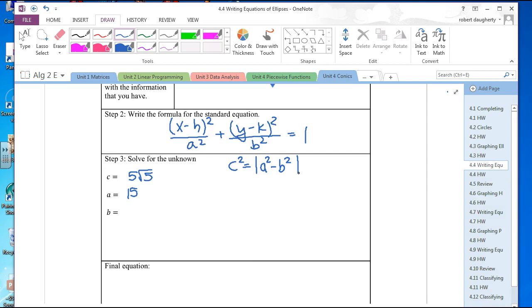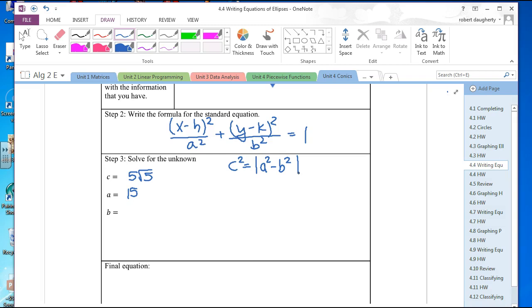The absolute value of a negative number is the opposite of that. So if I knew that this was positive, I could get rid of the absolute values, okay? The absolute value of 5 is the same as 5. I could just take the absolute value away. If this were the absolute value of negative 5, I can't just make the absolute value go away. I'd have to take the opposite of negative 5.